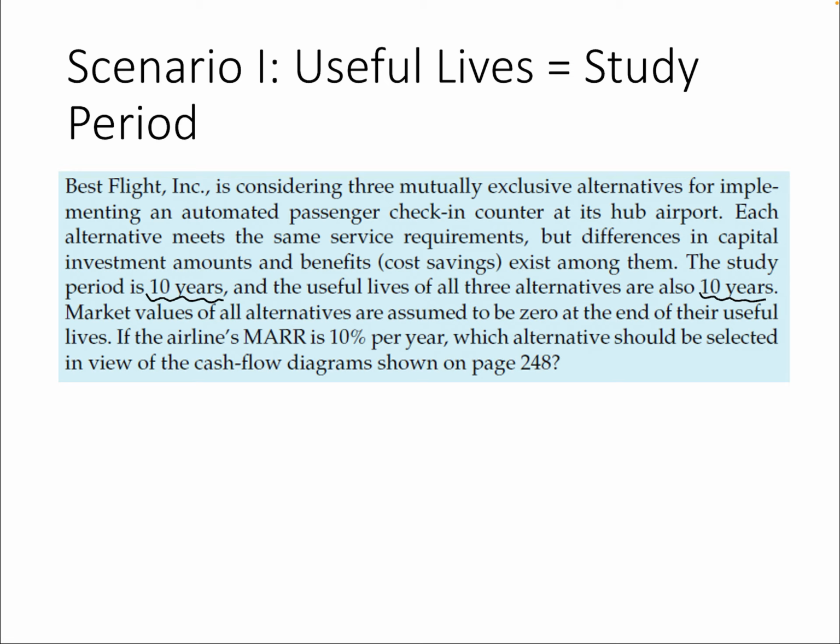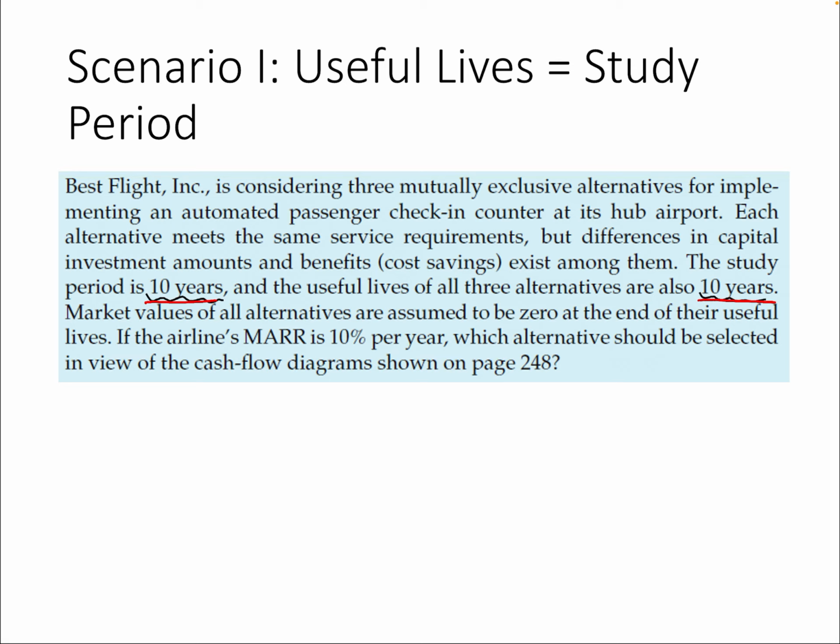But the differences are in capital investment amounts, like how much you pay for each of them, and benefits, like how much you can save. So the study period is 10 years, and the useful lives of all three alternatives are also 10 years. So this is an easy case. Market values of all alternatives are assumed to be zero at the end of their useful lives.